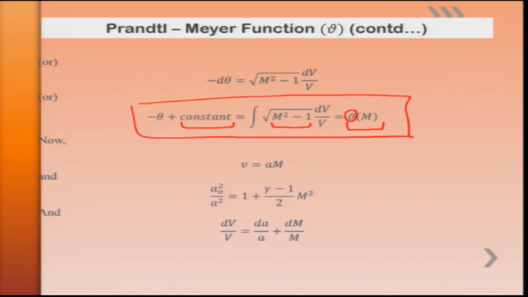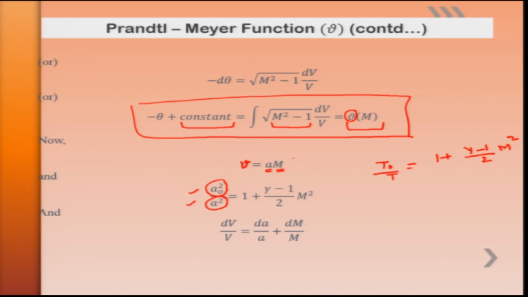Now, we know that the velocity can be written as the product of speed of sound into Mach number. Another form, from T naught by T is equal to 1 plus gamma minus 1 by 2 M square, I can again write down this expression as a naught square upon a square, that is in terms of the speed of sound.